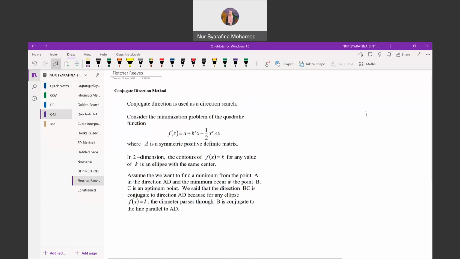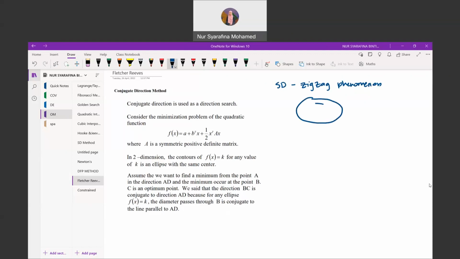Okay, so we are going to proceed with conjugate direction method, where we are going to discuss specifically the Fletcher Reeves method. Before this, in SD, which is steepest descent, we have discussed the zigzag phenomenon, where the moving process from the initial point to the solution point is a zigzag.